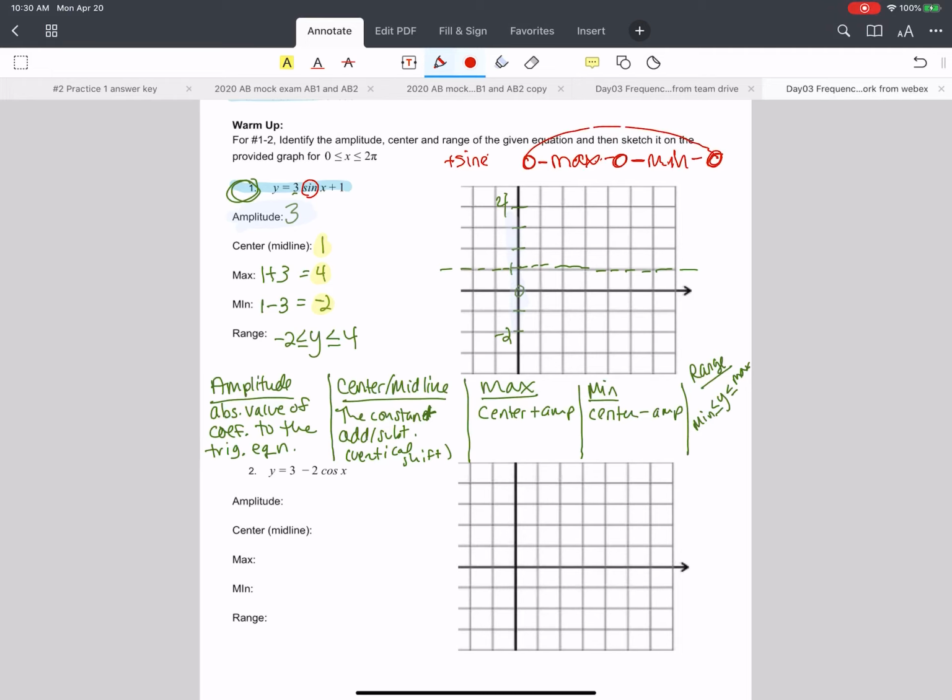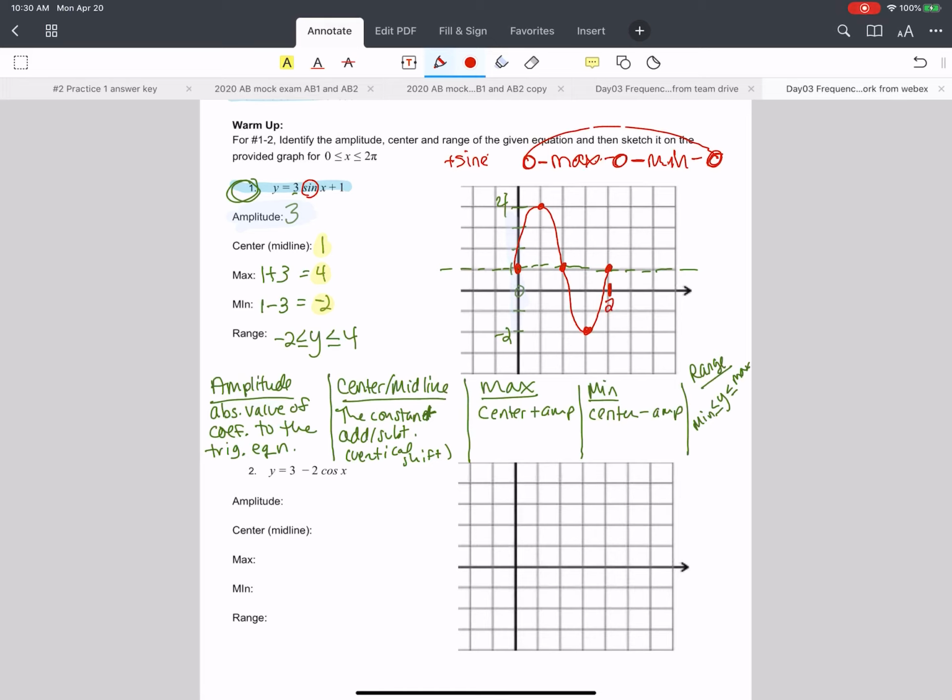And when I say O, that means the center. So O, hit your max, O, that's the center again for the next one, and then go to the min, and then go back to O. Like that, okay?